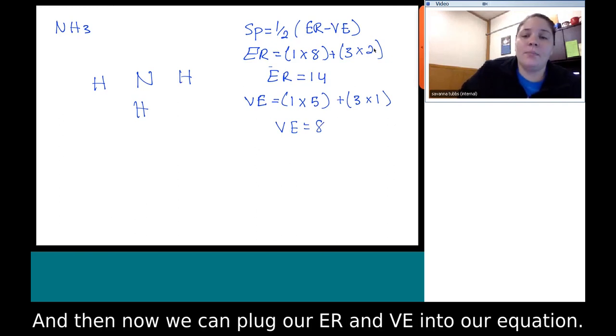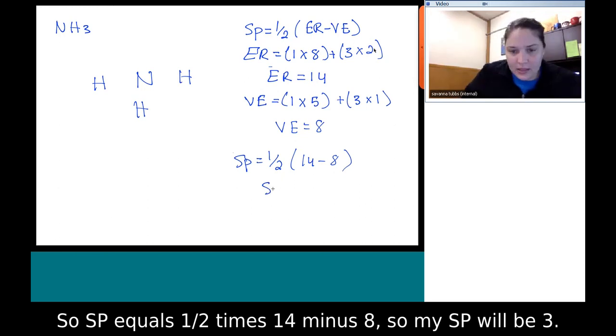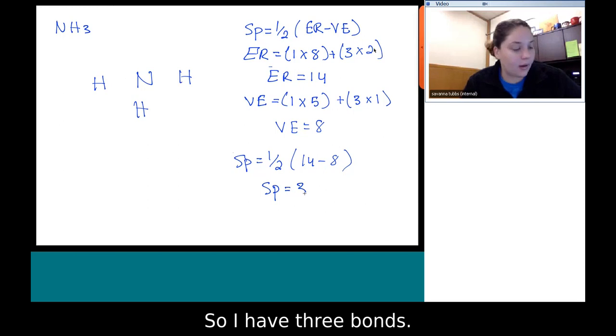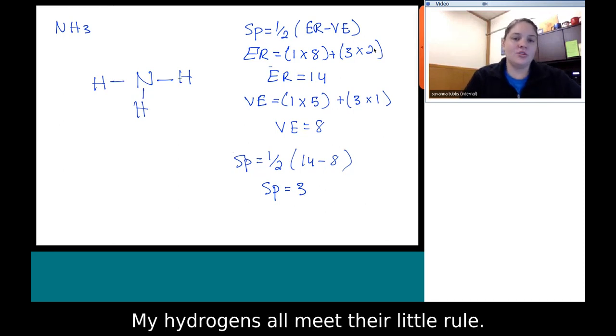And then now we can plug our ER and VE into our equation. So SP equals 1/2 times (14 minus 8). So my SP will be 3. So I have 3 bonds. 1, 2, 3. My hydrogens all meet their little rule.